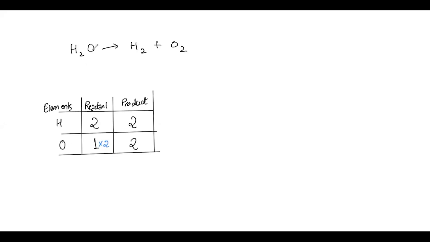Now clearly the reactant has only one compound, so if we multiply by 2, hydrogen also gets multiplied by 2. Now here the hydrogen becomes 4 in number, so we also need to multiply this by 2. Therefore we have a 2 added over here.